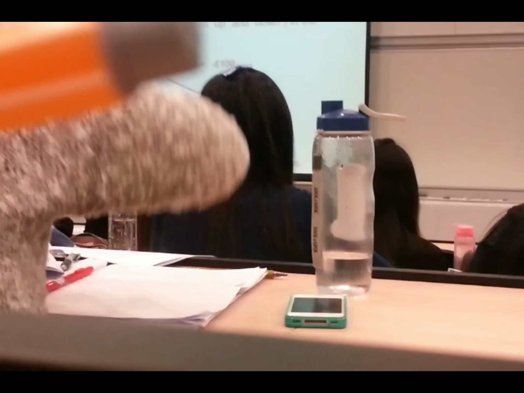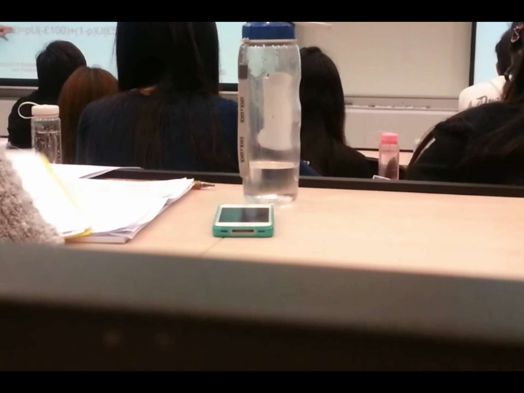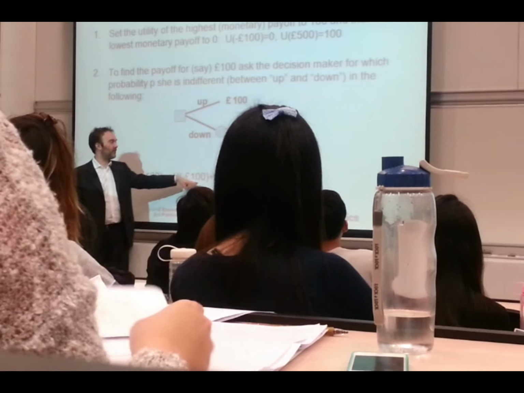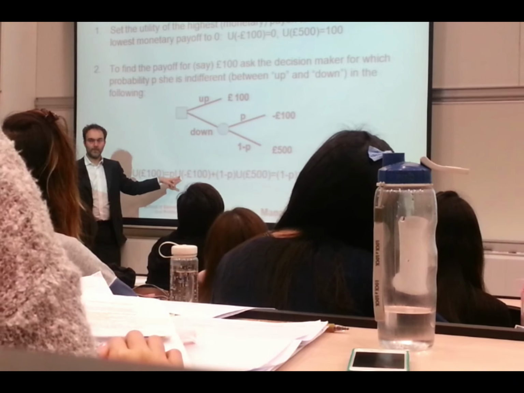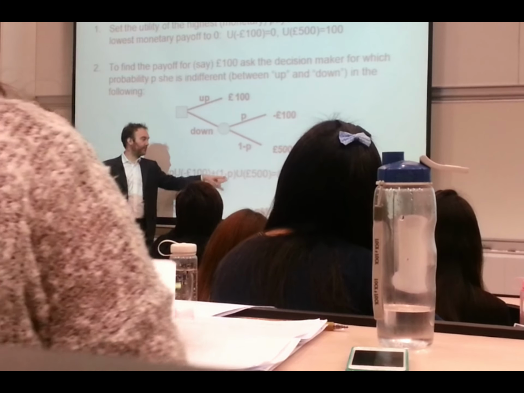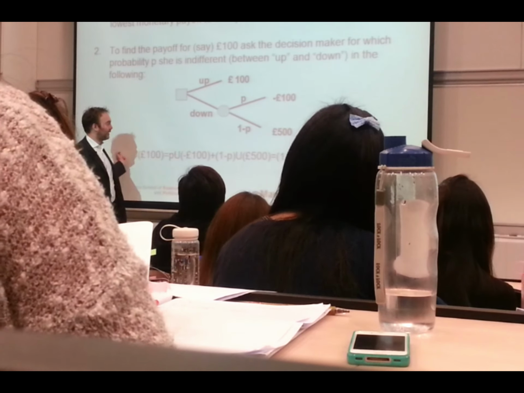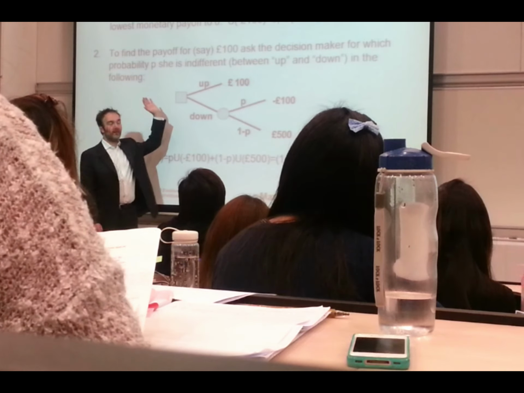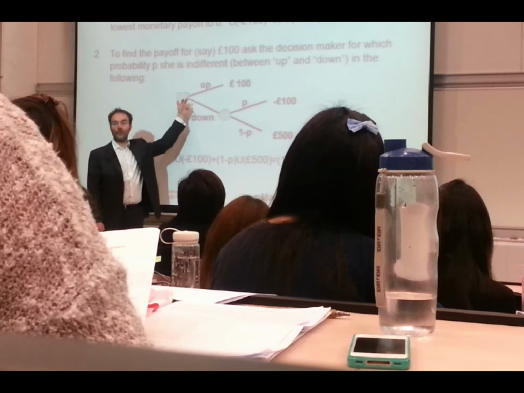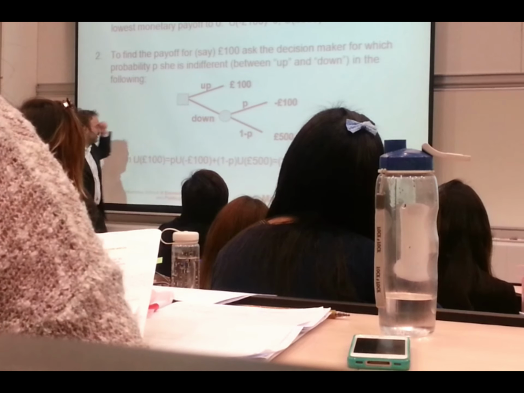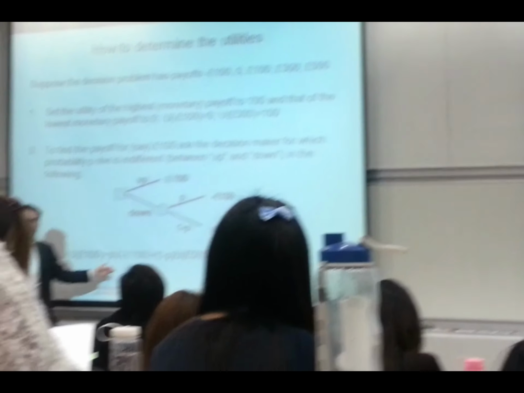The utility from going up is equal to P times U of minus 100 plus 1 minus P times U of 500. In other words, this decision maker is indifferent between going up and down. So that's the utility of going up, and that's the utility of going down.